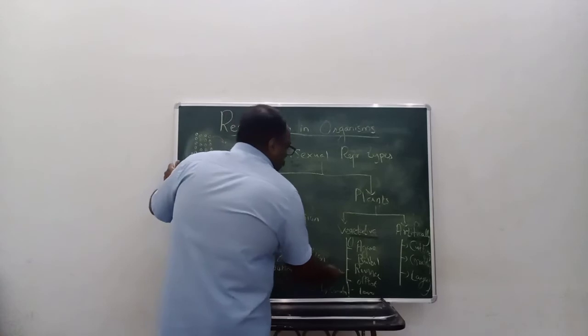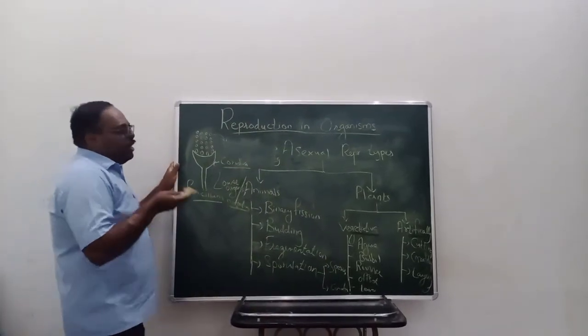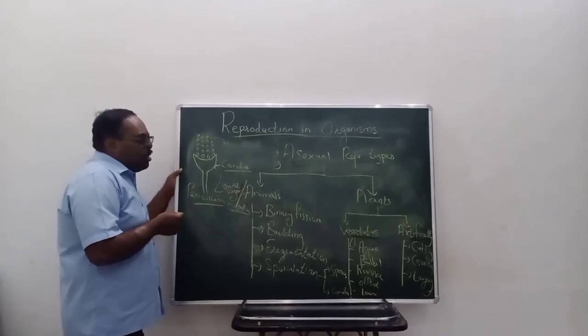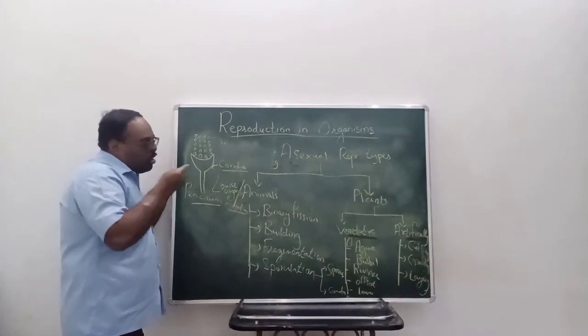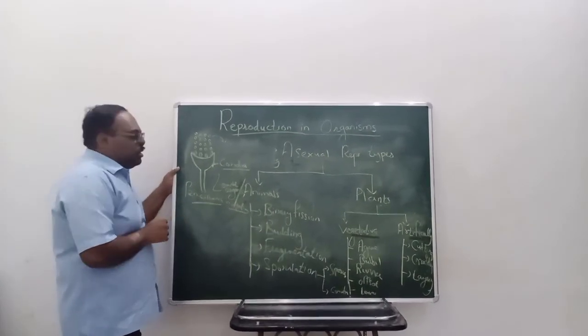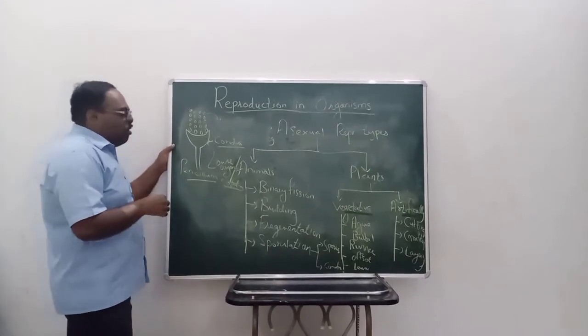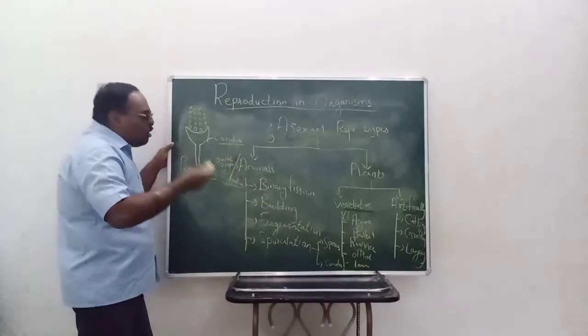And next comes spores. Spores are very simple. You know that in the lower forms of organisms, for example bacteria, or in bryophytes, or in some lower plant species, from the parental body or the vegetative body, a cell will fall down.